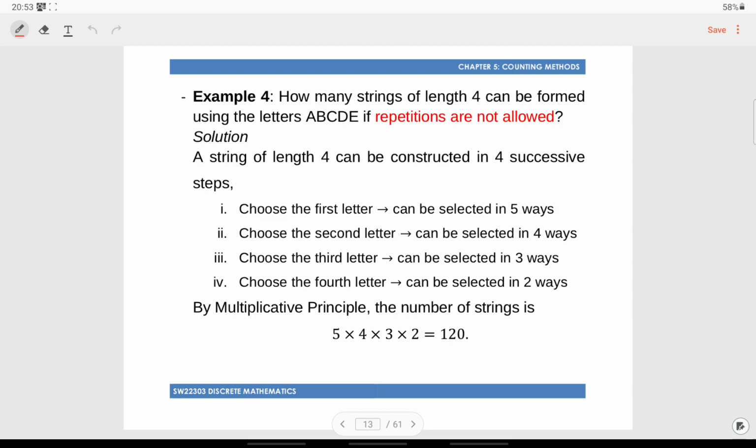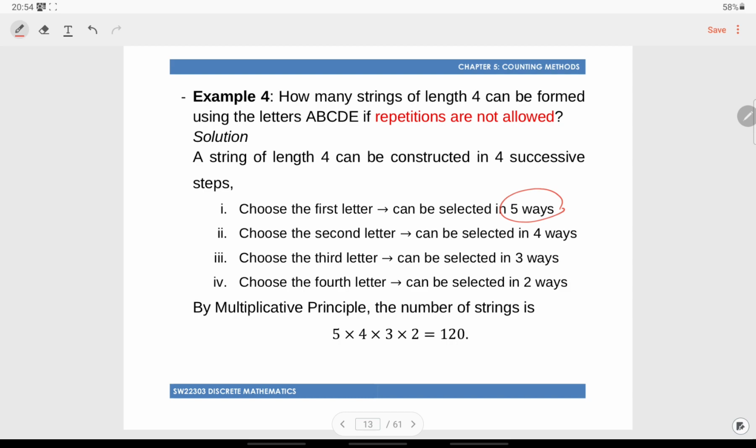We start with step number 1, which is to choose the first letter. Because we have 5 different letters, we have 5 different options to do the first task, whether to choose A, B, C, D, or E. So the first task can be done in 5 different ways.